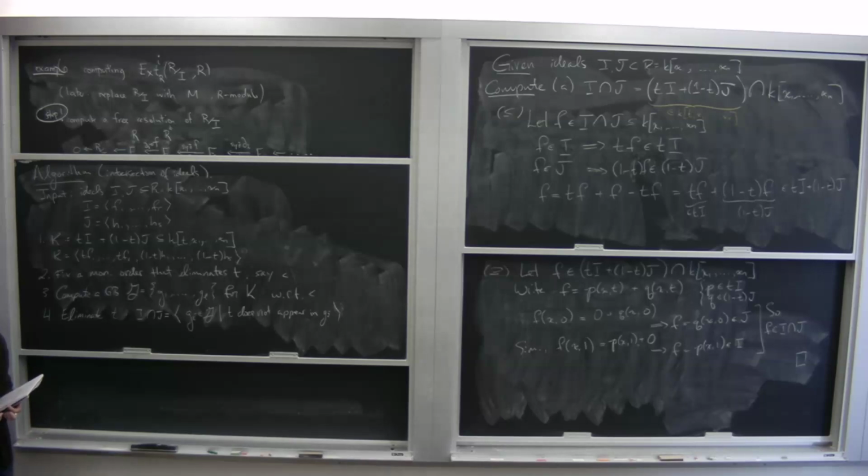You go through all pairs, and then that has to stop, and it gives you the Gröbner basis. And the order you pick: t is the largest variable, so if I have t to the A times some monomial in x's, and t to the B times some monomial in x's, you first look at A and B, and only if they're equal do you go on and look at the rest.